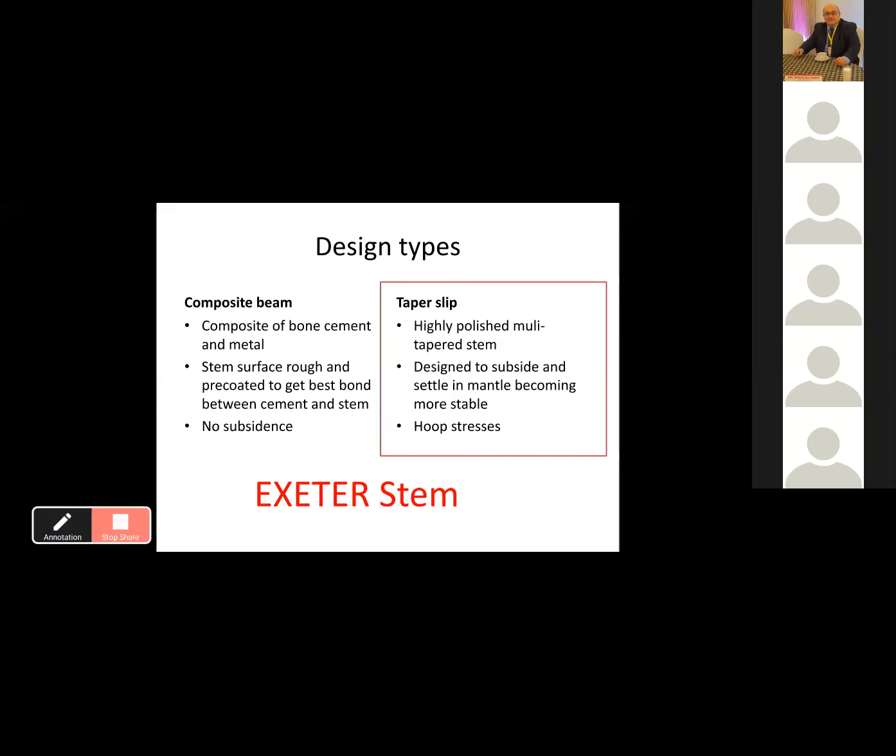They're usually highly polished, and the reason is that you want them to slip and go further into the cement over time, so they wedge in. So they're designed to subside, typically a millimetre in the first year. As it's pushed in as you walk, it gives lateral hoop stresses. So it loads the bone in a different way to a composite beam. And this is what the modern cemented stem designs are based around.